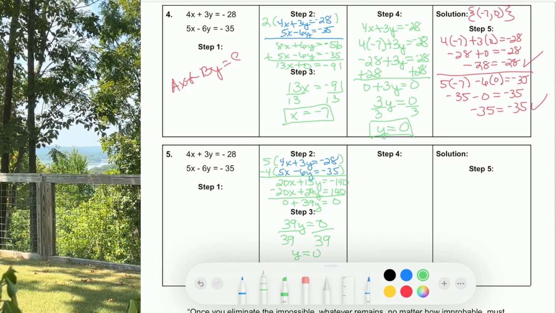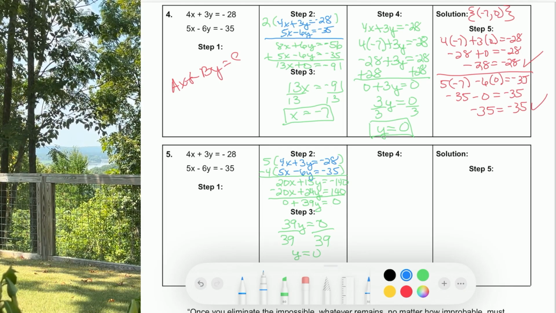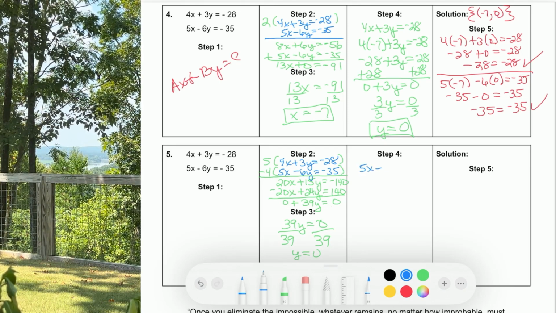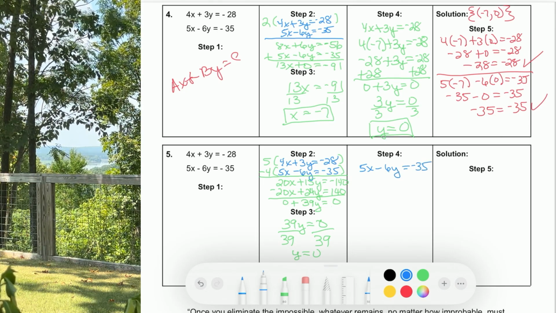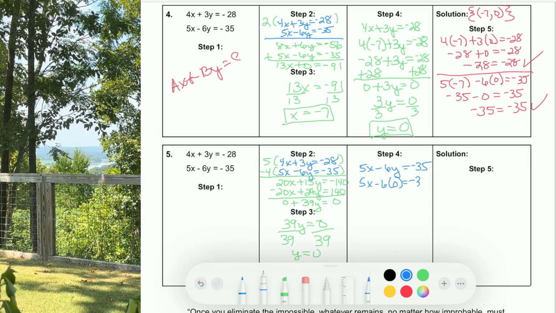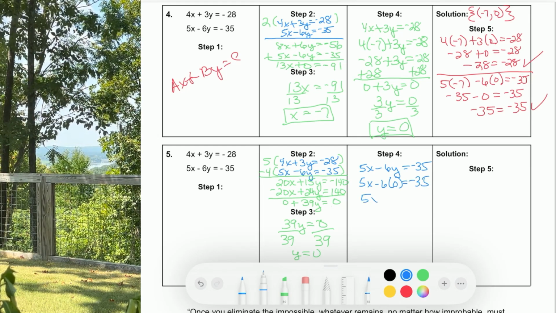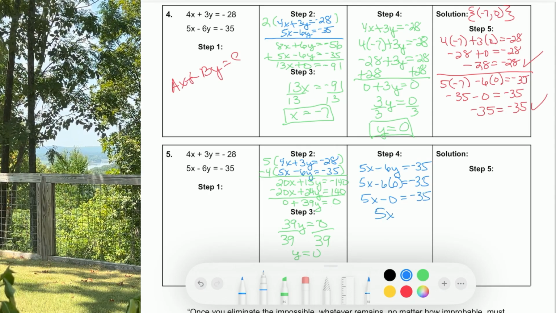So now let's solve for x, and let's see if we get negative 7 again. So I'm going to pick 5x minus 6y equals negative 35. Replace my y. I get 5x minus 6 times 0 equals negative 35. 5x minus 0 equals negative 35.